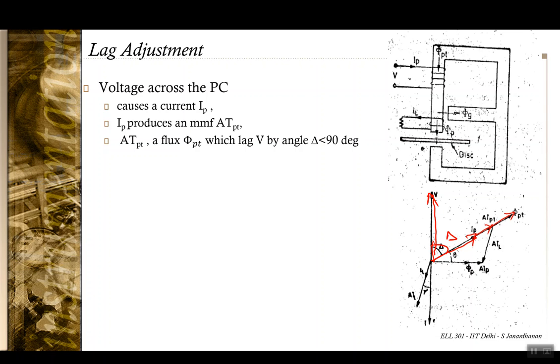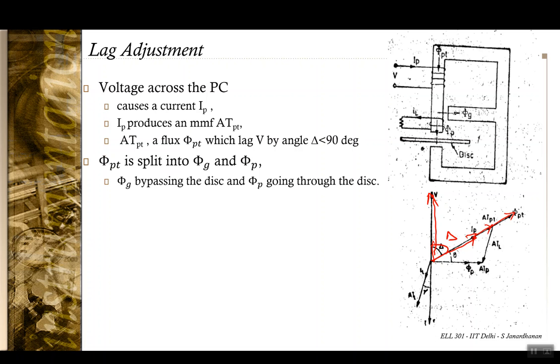All of them lag by delta with respect to the voltage. Now phi pt, due to the construction of this core, is split into phi g and phi p, where phi g bypasses the air gap and phi p goes through the disc.